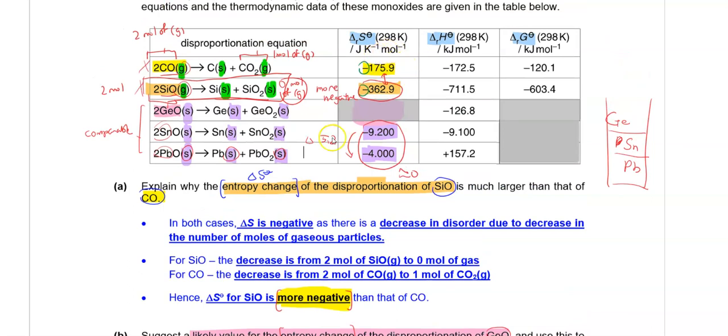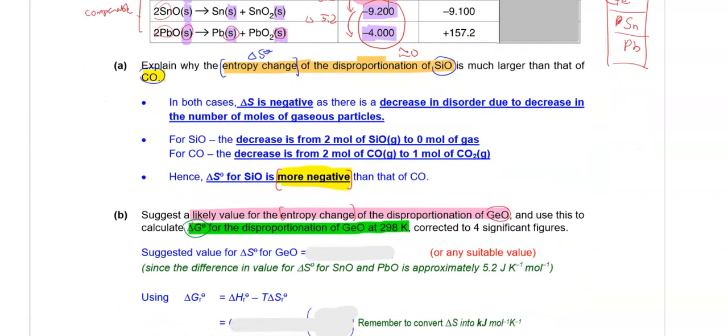So expectedly, this difference will also be about 5.2. To propose a value, to make an intelligent guess, I can propose negative 14.4 J per Kelvin per mole. The basis is that I look at the difference in value, which is approximately 5.2 J per Kelvin per mole.